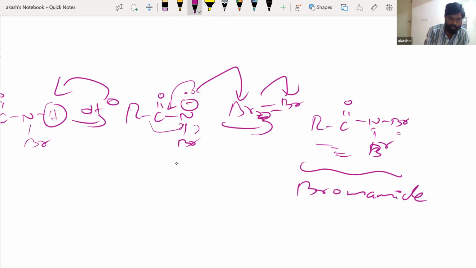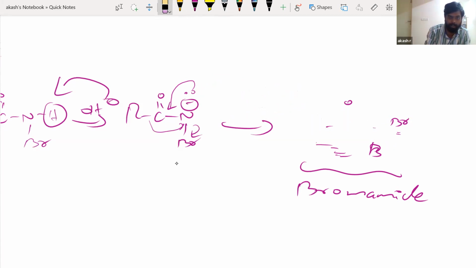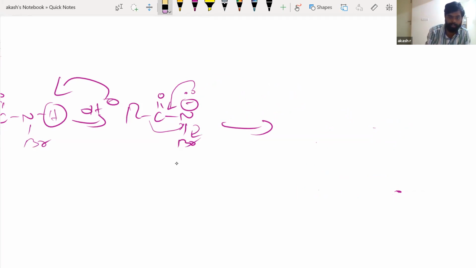This comes and attaches here, and this bond breaks out. Okay. So anyways, the bromide is still there. Right now, this NBr, whatever is there, this becomes your bromamide. Okay. Now what you're seeing is that, again, I'll repeat everything from first.